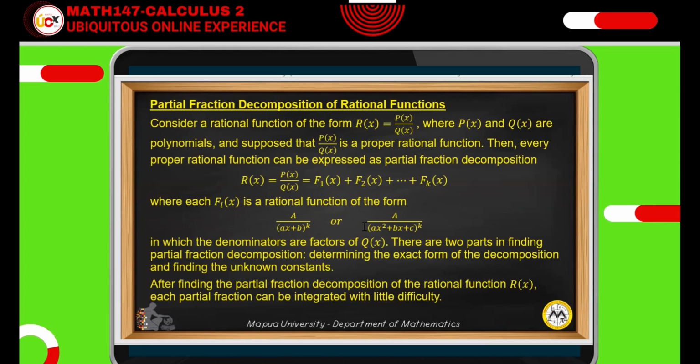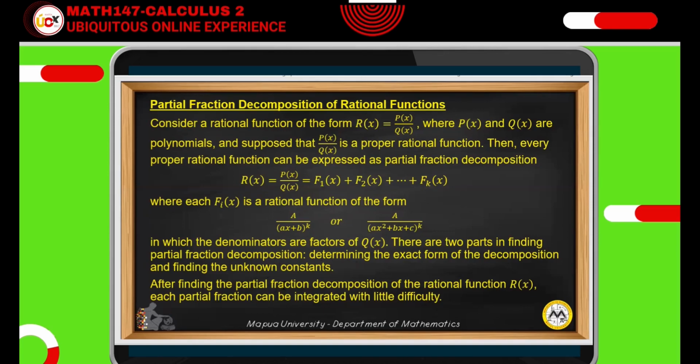And the second part will be on the discussion of integration of rational function into sum of partial fractions, where the denominator contains quadratic factor ax squared plus bx plus c, which can be either unique or repeated.